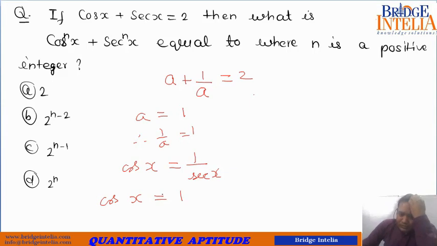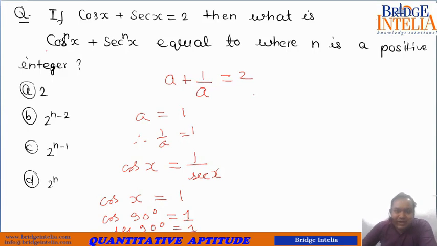So cos x has the value of 1 for which standard angle? You can take any of these standard angles. So cos 90 degree is equal to 1. So if cos 90 degree comes out to be equal to 1, so sec 90 degree is also equal to 1.